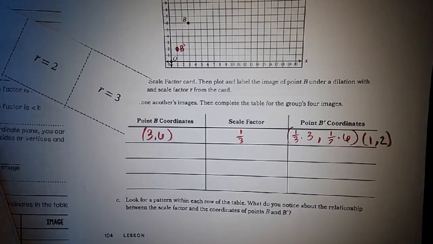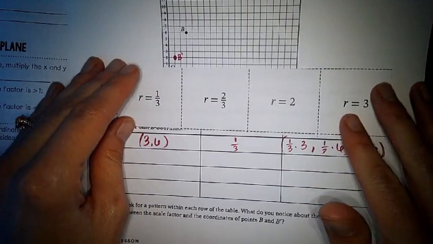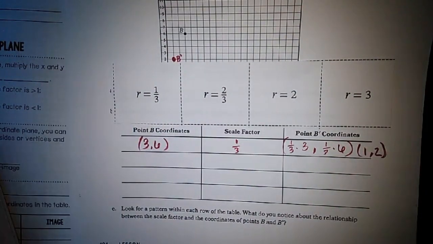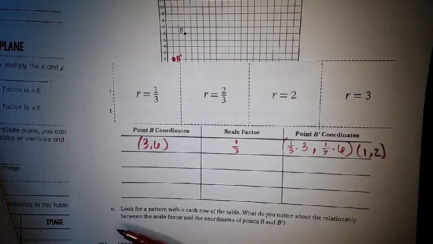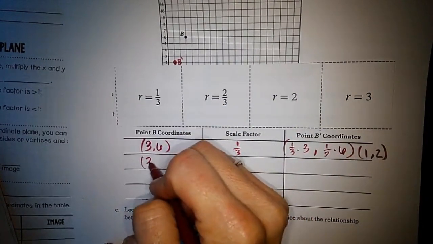Okay. So what I want you to do is the next 3 scale factors with that same coordinate point, exactly the way that we did it. So you're taking your scale factor with the original coordinate point, so the coordinate point didn't change.